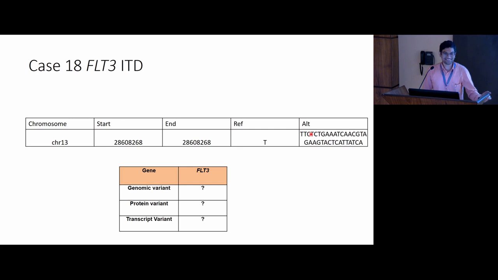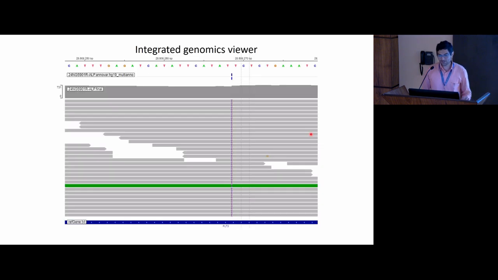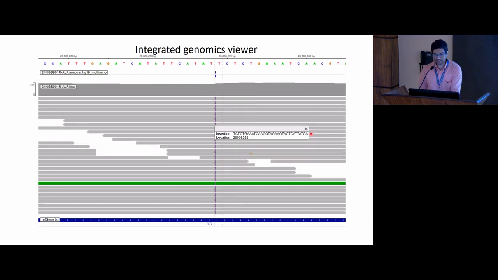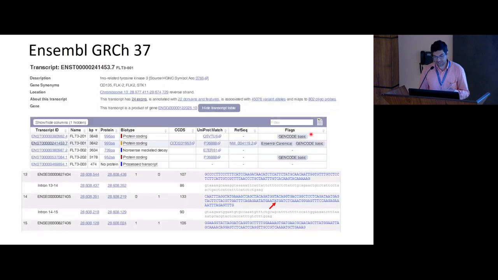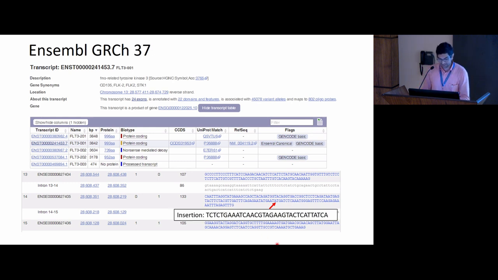Very loud claim, no? So when we see the IGV, again, we see where the insertion is taking place. The insertion is of 33 base pair. The sequence has been given by the IGV. Now again we map it with the HGVS nomenclature, with Ensembl, and we see the insertion site is happening here.